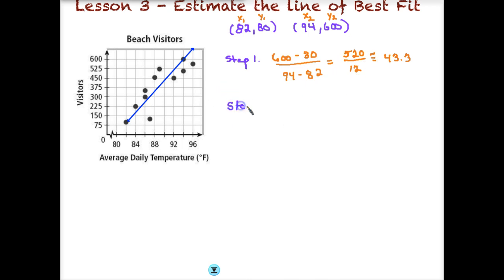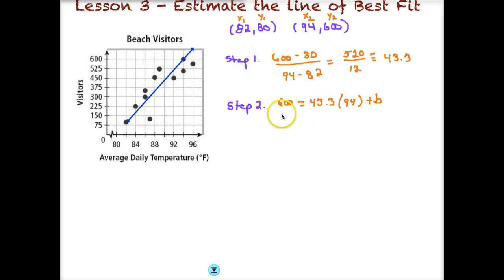And step 2, remember, is we need to take one of our points and plug it back in. So let's go ahead and pick 94 and 600. Those are big numbers, but I like those numbers. So let's try that. Let's plug those points in. And now we've plugged in the points, so our 600 replaces y, and our 94 replaces x, and here's our slope.